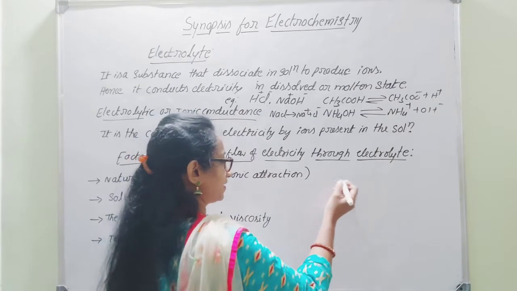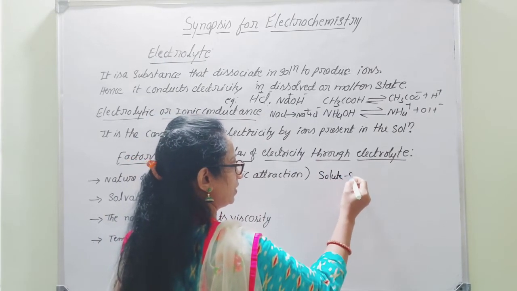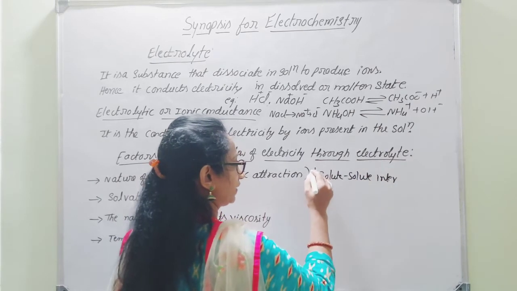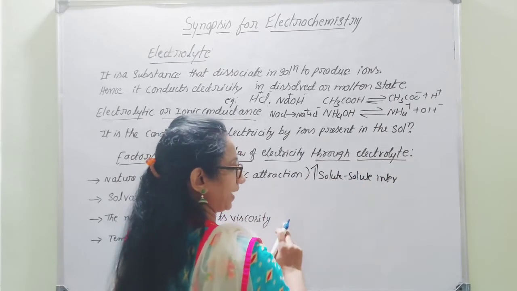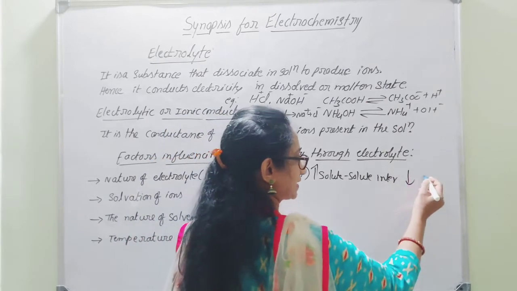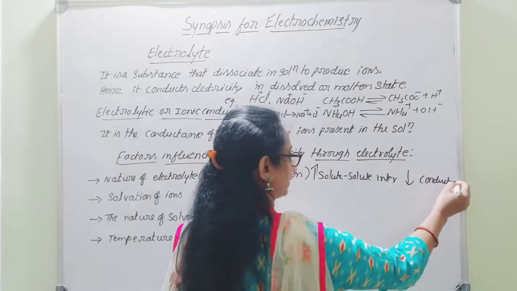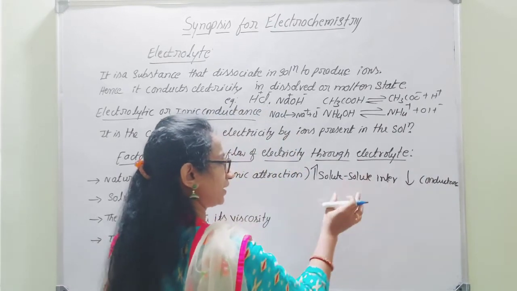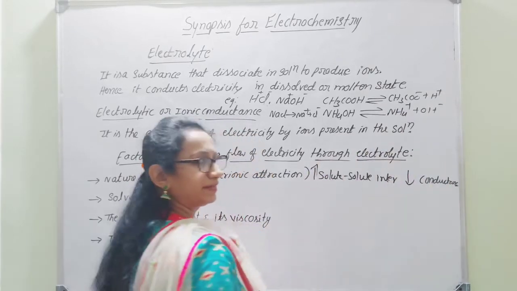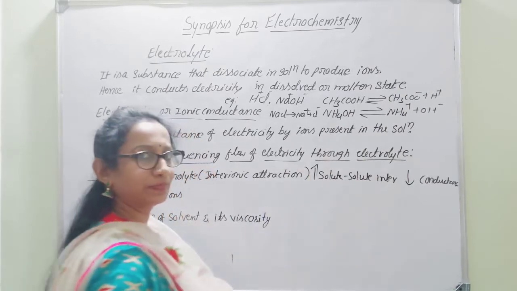Therefore, the higher the solute-solute interaction, the lesser will be the flow of ions, hence the lesser the conductance. That is inversely proportional. Higher the interactions, lesser will be the conductance. That is the interaction between exactly solute and solute.